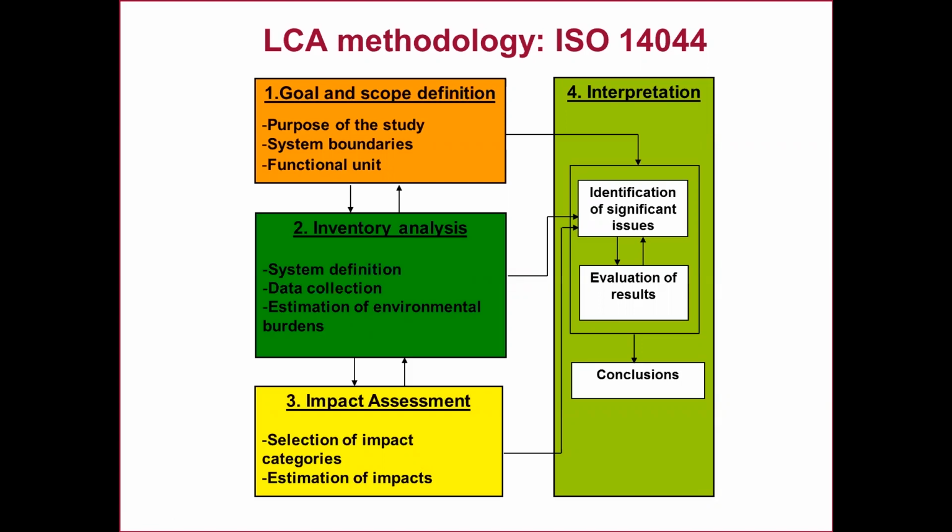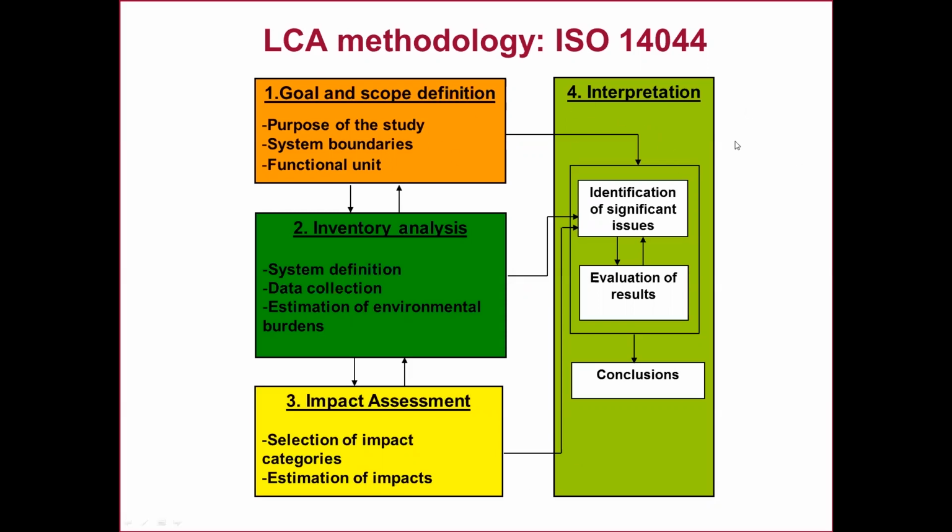It requires that all relevant impact categories should be selected in LCA. We don't have to include everything, but there are more than 20 types of impact categories. And once we select those relevant categories, there are various methodologies available to estimate those impacts.